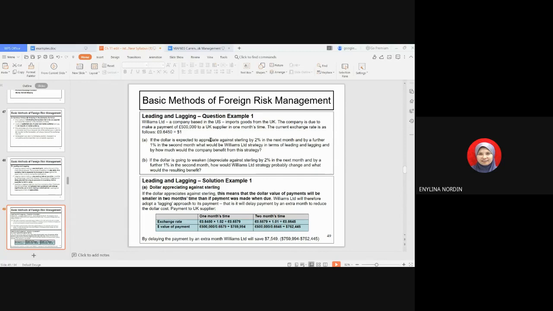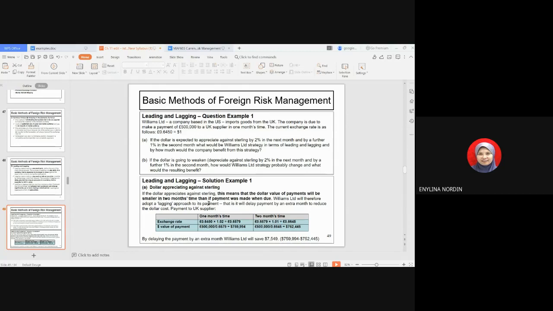The next thing here is, when should the company pay? Is it in 1 month's time or in 2 months' time? Which one will be better off for the company? Look at this calculation here. If the dollar appreciates against sterling, this means that the dollar value of the payment will be smaller in 2 months' time.